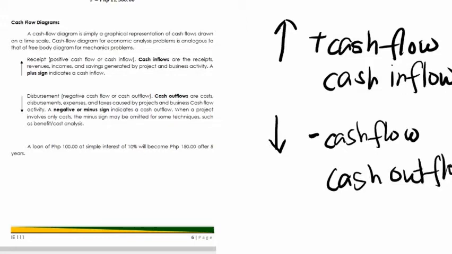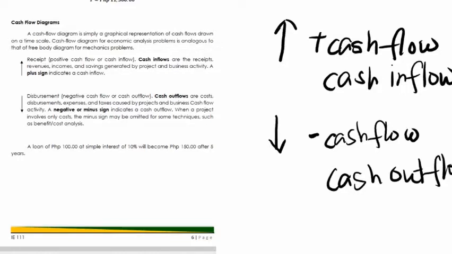So cash outflows are costs, disbursements, expenses, and taxes caused by projects and business cash flow activity. A negative or minus sign indicates a cash outflow.